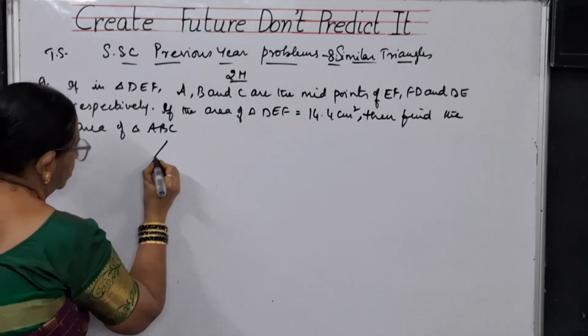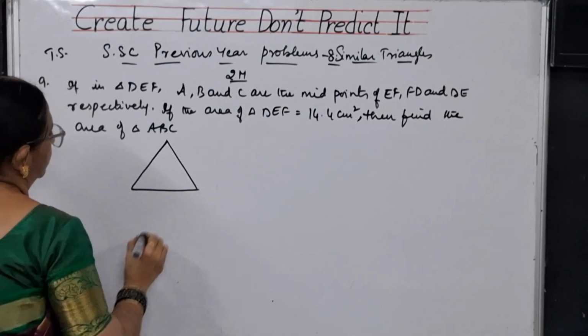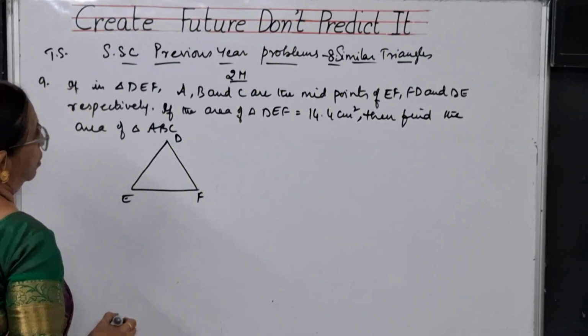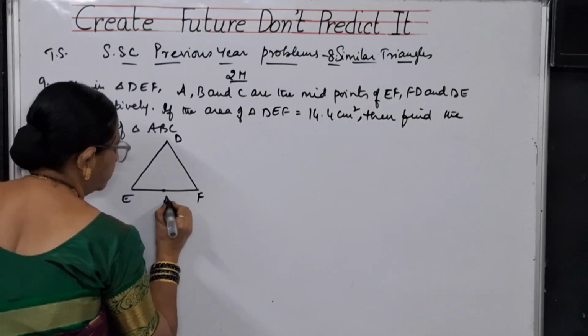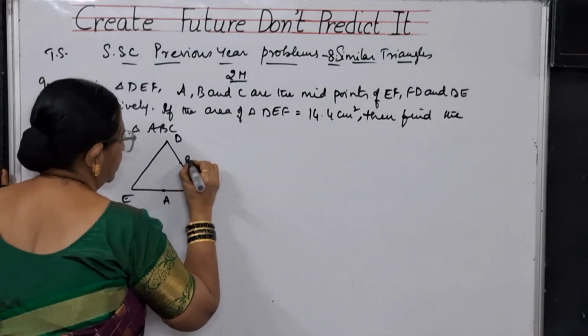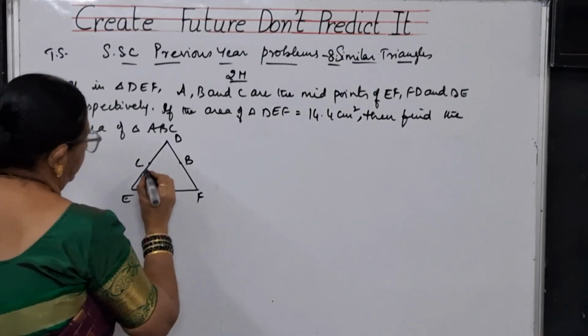So you have got a big triangle DEF. Now A is the midpoint of EF, B is the midpoint of FD, C is the midpoint of DE.